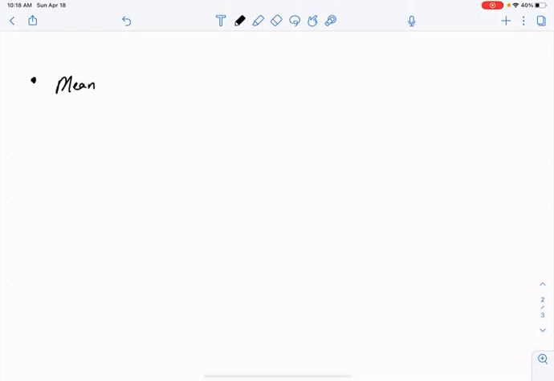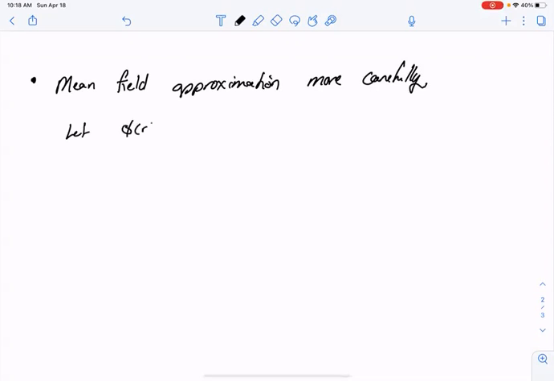So let's begin with reformulating mean field theory a little bit more carefully. Let's introduce a decomposition of our fluctuating field phi that has a mean component and a fluctuation about that mean.